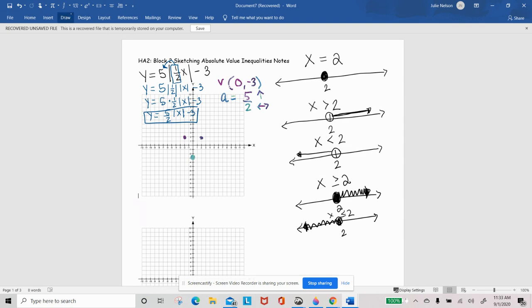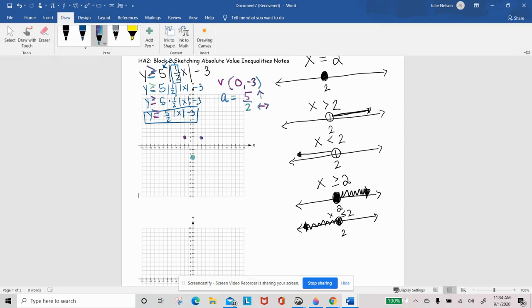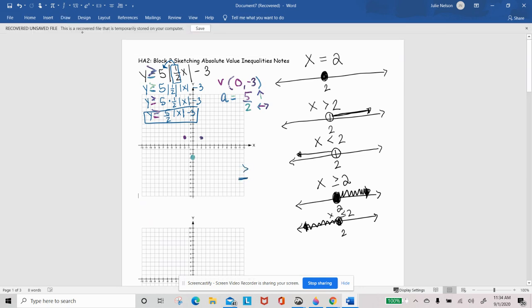If I were to change this problem and instead of equals, what if it was greater than or equal? How would that change the problem? Well, that greater than or equal, so that equal sign right there, this symbol right here, this equal sign, means that it's going to be a solid graph.